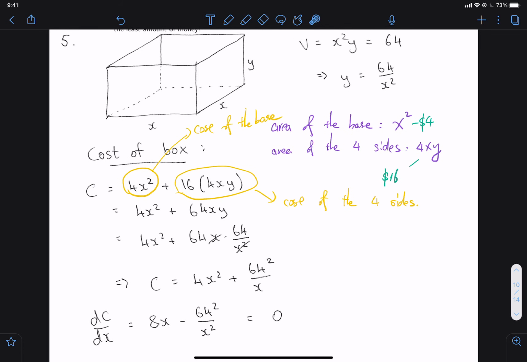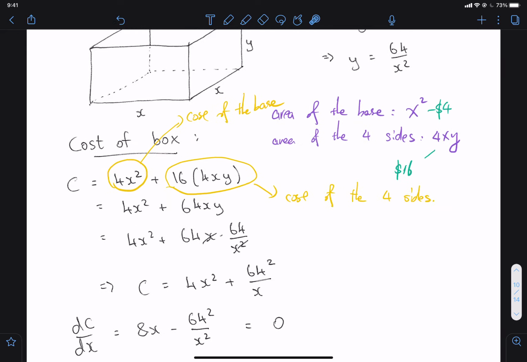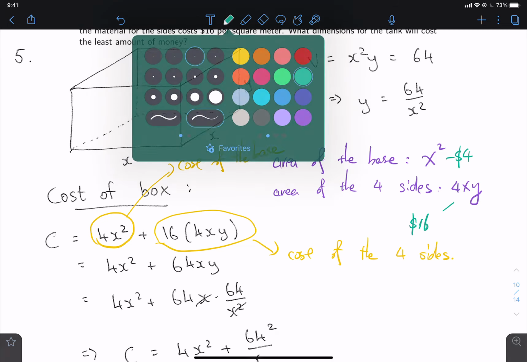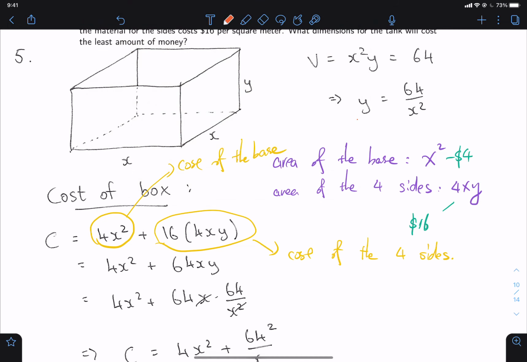And then we simplify it: 4x squared plus 64xy, right? We have 2 variables, and it is routine to eliminate one of them. We have the relation here, so we plug it back into the expression to replace this y.